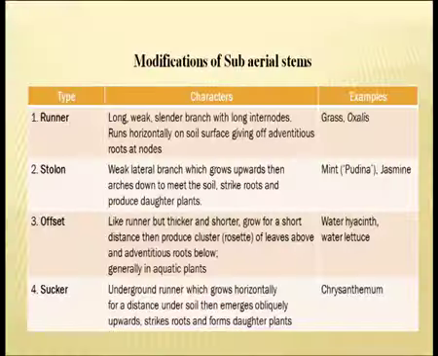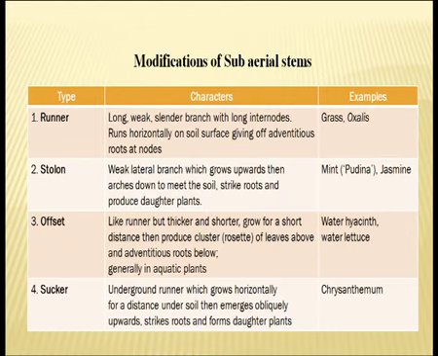There are certain modifications of sub-aerial stems. For example, the runner I talked about is present in grass, and the stolon is present in mint or pudina. Then the offset is present in water hyacinth or jalkumbhi.